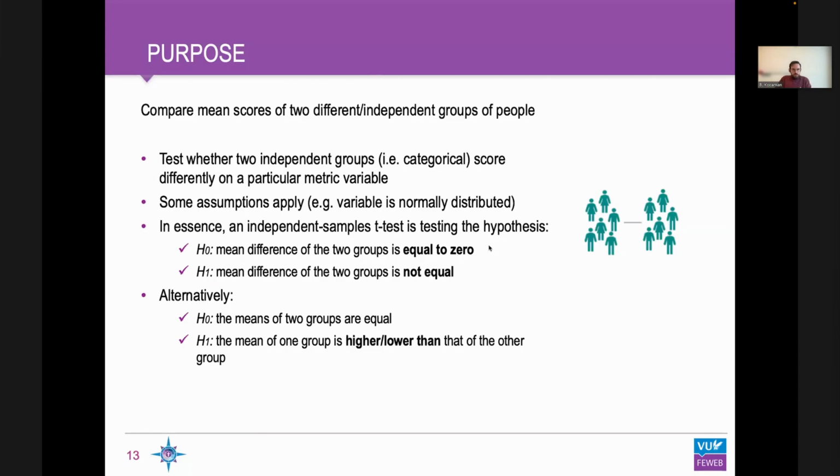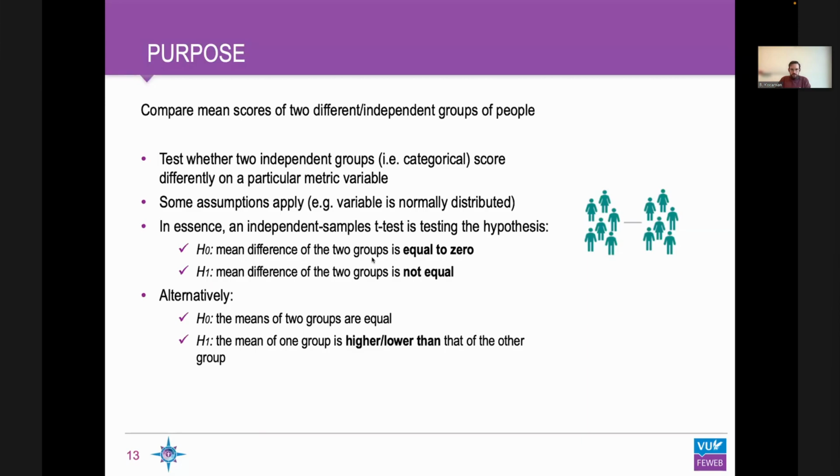Okay, so that also kind of summarizes the purpose of the two samples or independent samples t-test. We again have the assumption of normal distribution for the data. And then you can formulate the hypothesis for this t-test based on the differences.